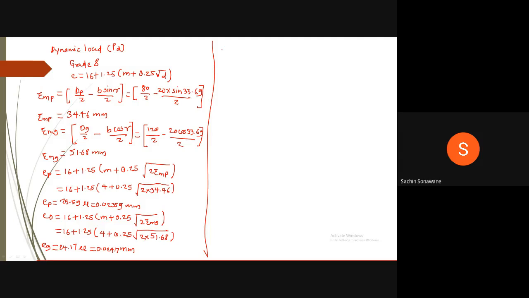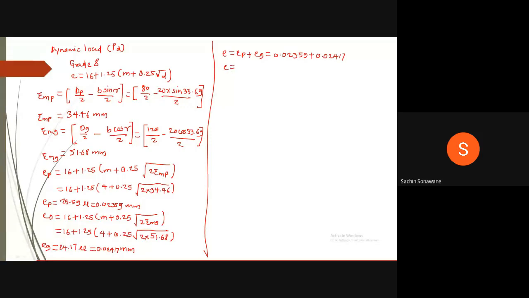Now we will calculate total error. Total error E is equal to EP plus EG, which is equal to 0.02359 plus 0.02417.